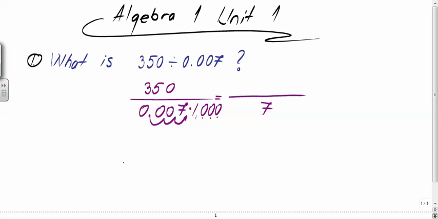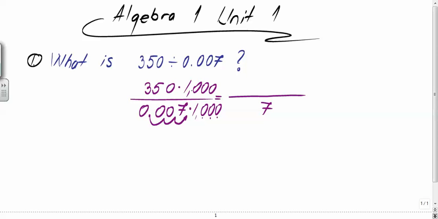However, you have to remember that you need to keep your fractions the same. You cannot change the value of this fraction, and that means whatever you're doing to the bottom of your fraction, you're going to do to the top, okay? So if I'm multiplying the bottom by 1000, I will multiply the top by 1000.